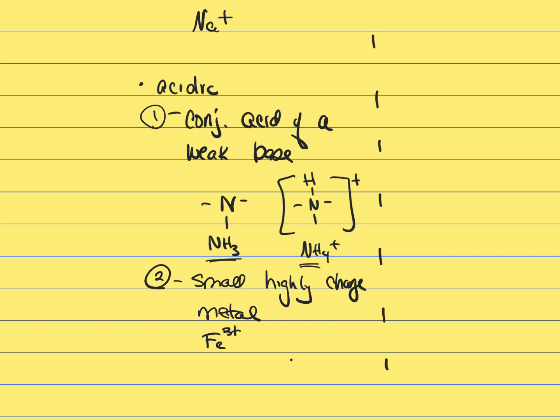It still doesn't have a proton to donate, and it still cannot accept a proton, but what it does is it surrounds itself with water molecules when you dissolve it in water, and that attraction weakens this bond and allows it to donate the proton off the water that attaches to it. So that's kind of obscure, but it can happen. You can have an acidic solution even though it's not the conjugate acid of a weak base. Most of the ones that you run across that are acidic are going to fit this category.